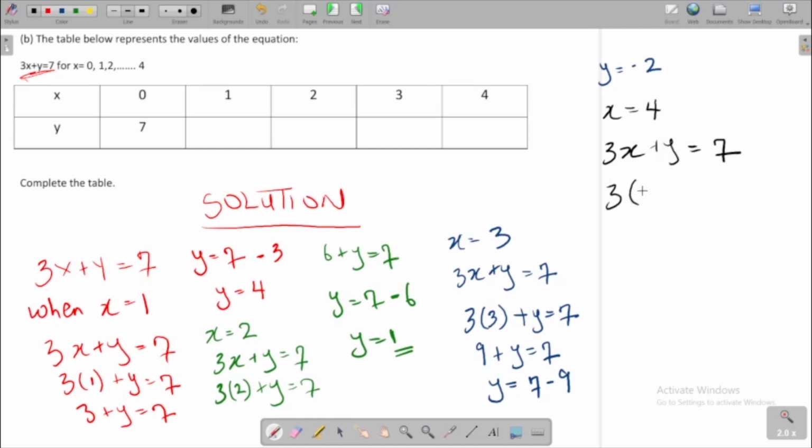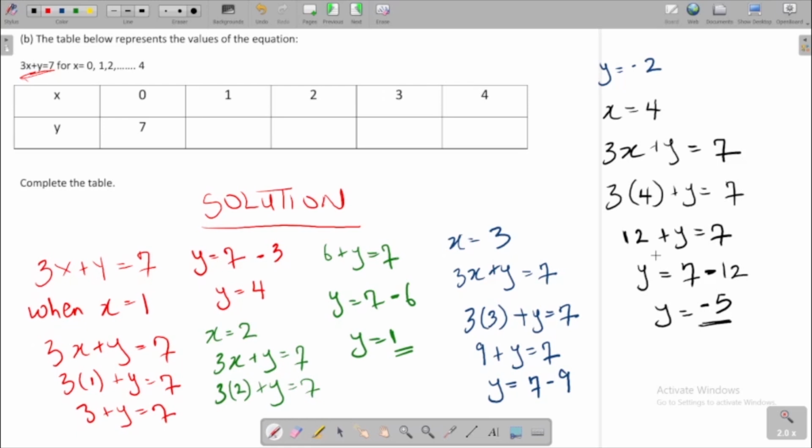Insert your 4 when you have your x. 3 times 4 will give us 12, plus y equal to 7. When you take 12 to the other side, you change it to minus 12. So y equal to 7 minus 12 gives us minus 5. So that is your value for when x is equal to 4.